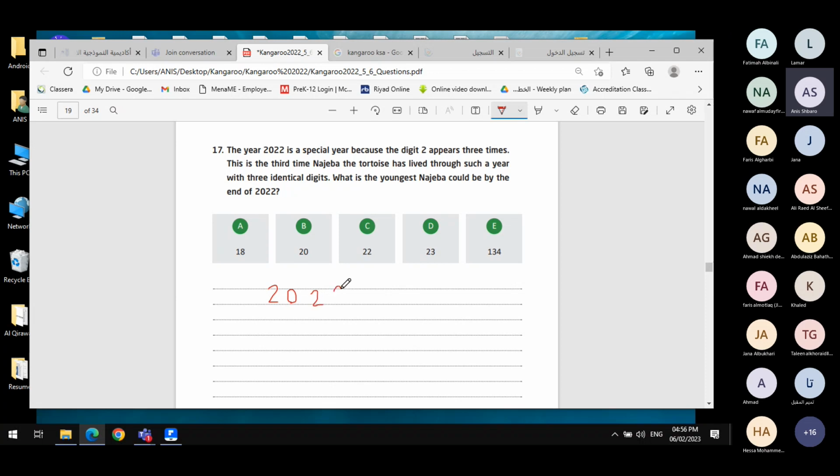Yeah, it's 2022. Okay. Before it, what are our choices? A, 18, B, 20, C, 22? No, not those choices. Your choices for the years that had 3 identical digits.